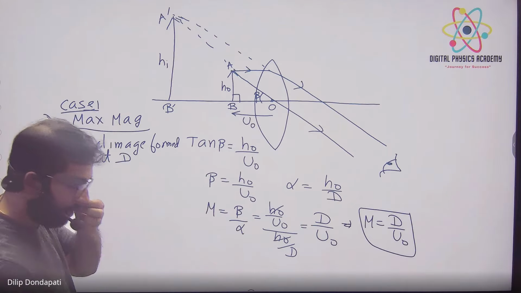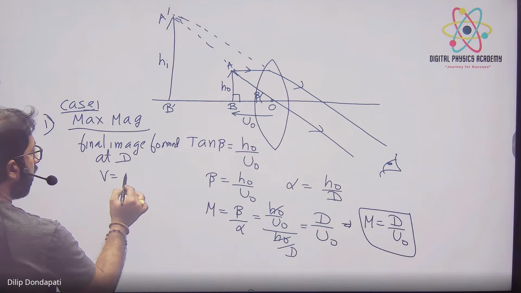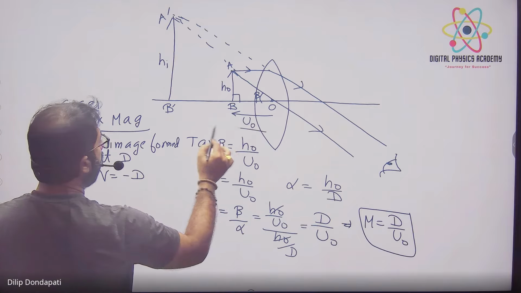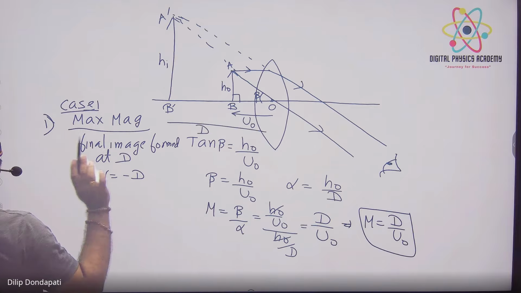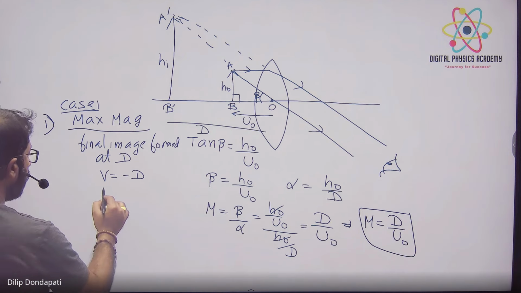V is equal to minus D, because the final image should fall at D. And what is the sign convention for U?